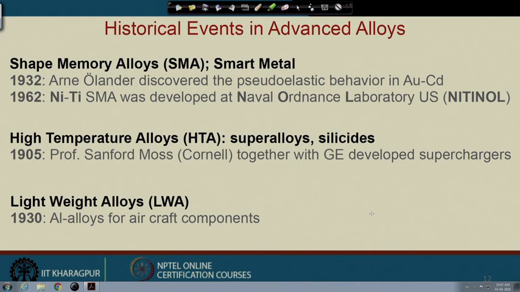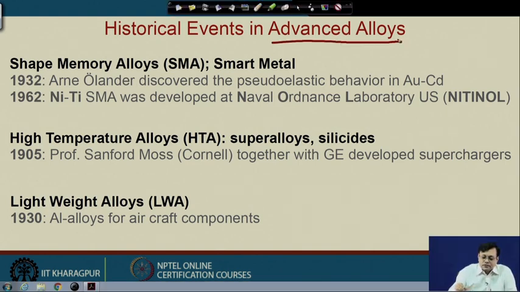Also there are many other advanced alloys which are under development, like shape memory alloys. As I said, this is a smart metal because it can remember its initial shape.